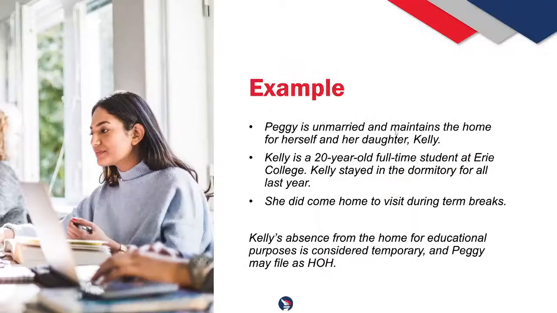Peggy's unmarried, maintains the home for herself and her daughter Kelly. This is the example. Kelly is a 20-year-old full-time student at Erie College. Kelly stayed in the dormitory all last year. She did come home to visit during term breaks. In this case, Kelly's absence from the home for educational purposes is considered temporary. Peggy can still do head of household as her filing status.